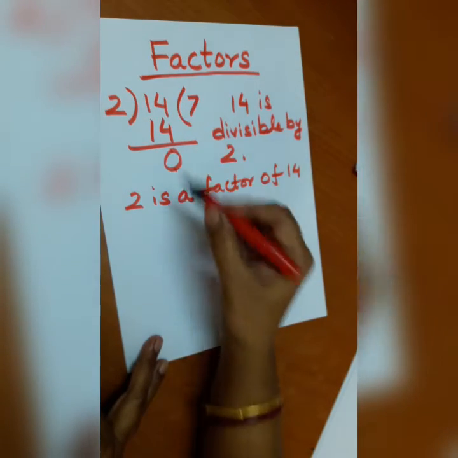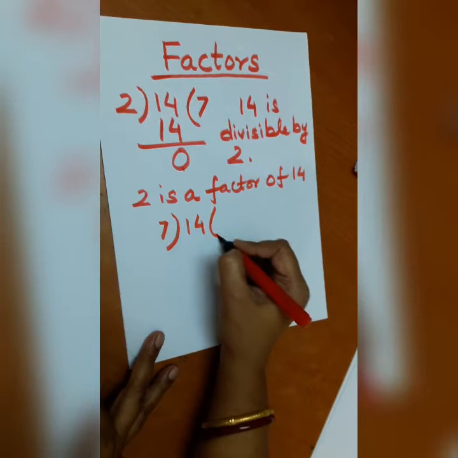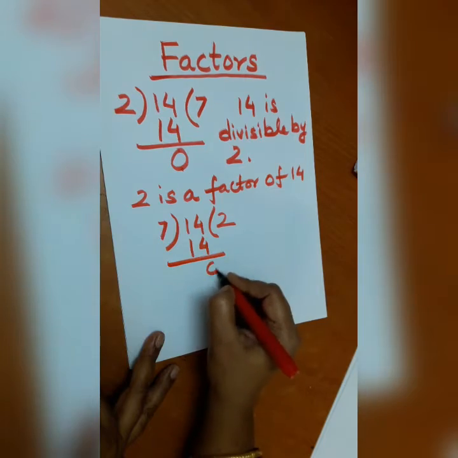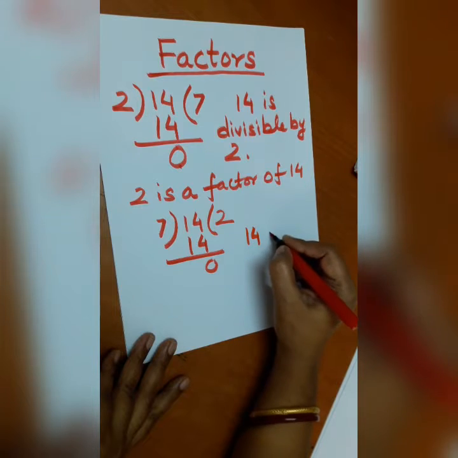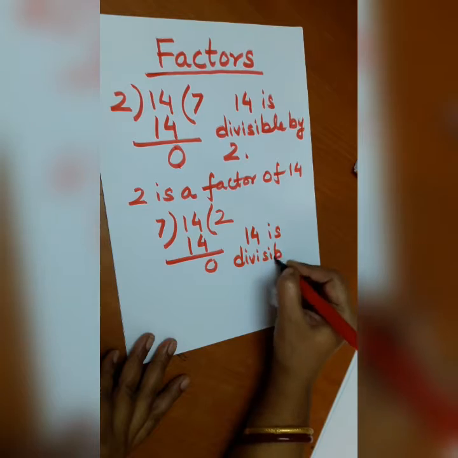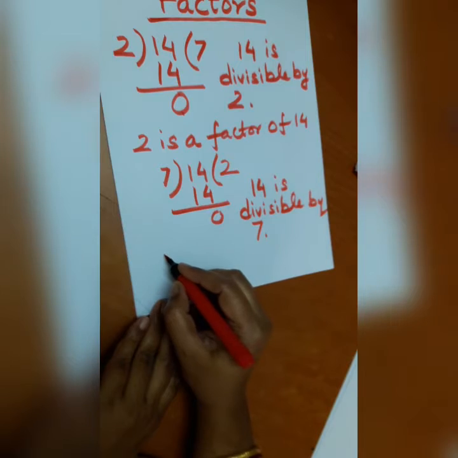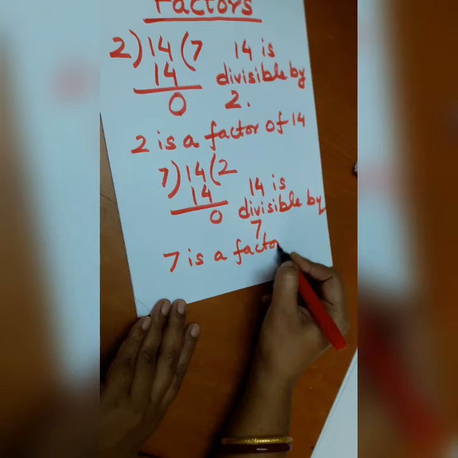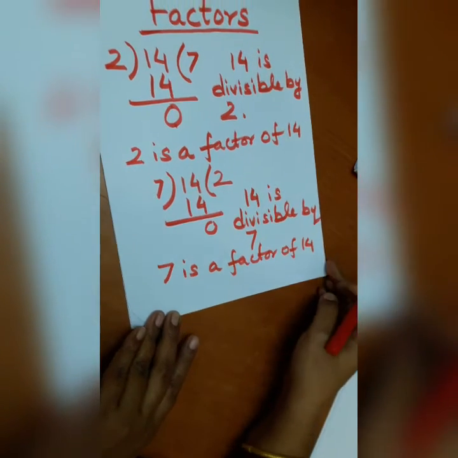Now we do the other way around. We take 7 and we divide 14. So what happens? 7 twos are 14 and remainder is 0. So this means 14 is divisible by 7. So 7 is a factor of 14. 7 is also a factor of 14.